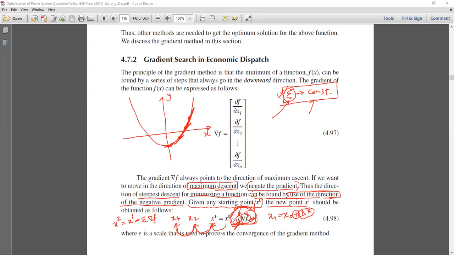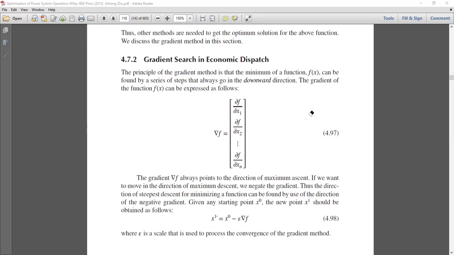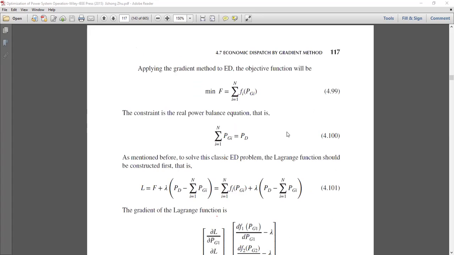I can stay with a constant epsilon, a constant learning rate, but overall this change, epsilon times del f, is varying because del f itself is varying at each point of x, and it is reducing as I move along this direction towards the minimum. So these are a few important points while we are treating the gradient descent or gradient search algorithm.